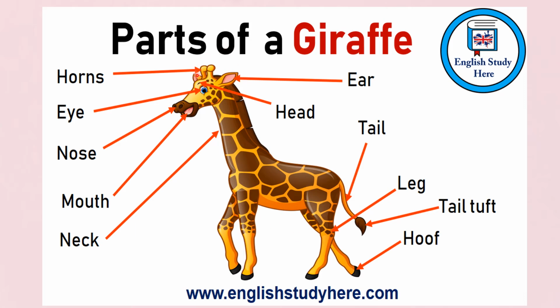Students, a giraffe has two horns, two ears, two eyes, one nose, mouth, neck. A giraffe has a very long neck. You can see it is very long. Head part, two ears, one tail, tail tuft, four legs, and hoofed feet.